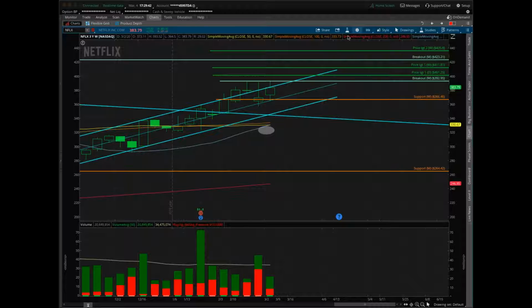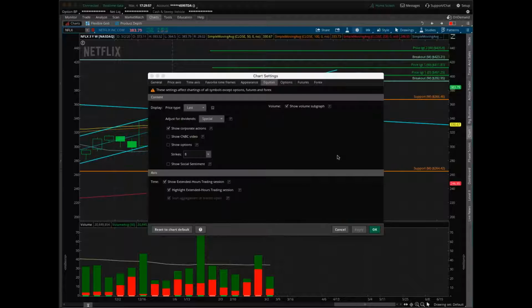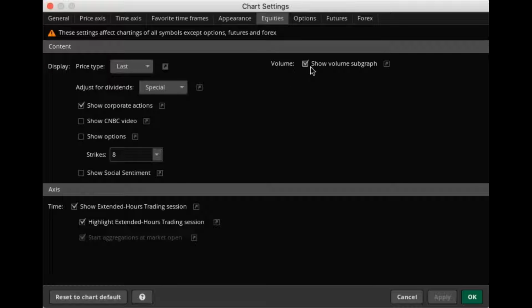So go to your chart settings on the top corner with that little gear box. Okay. And then go into your equities. And you should have this volume show volume subgraph checked on there. Okay, it was unchecked. Okay, there we go. I got it. Thanks. All right, no problem.